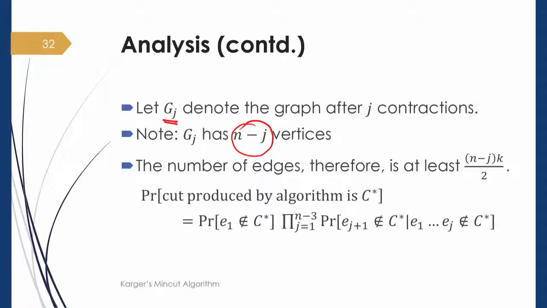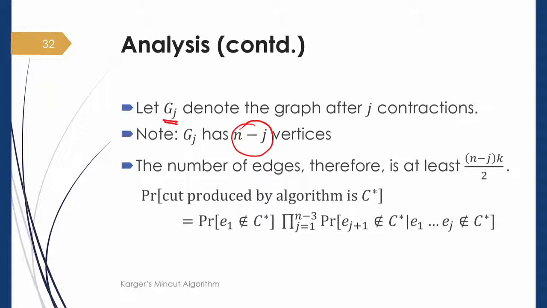And the number of edges, you have to recall two things. Gj has n minus j vertices, and it is of minimum degree at least k. So the total number of edges, therefore, must be at least n minus j times k divided by 2. Now, the degree has to be shared. So each edge contributes 2 to the degree.